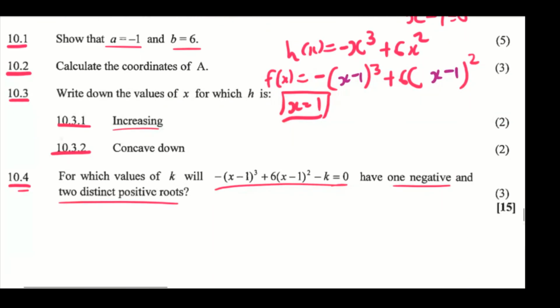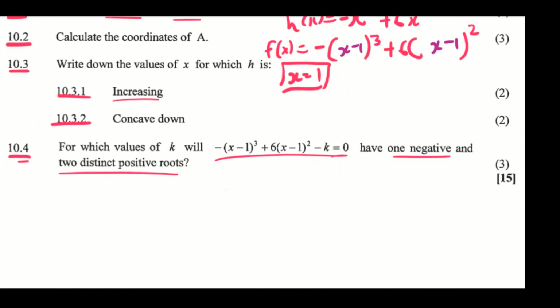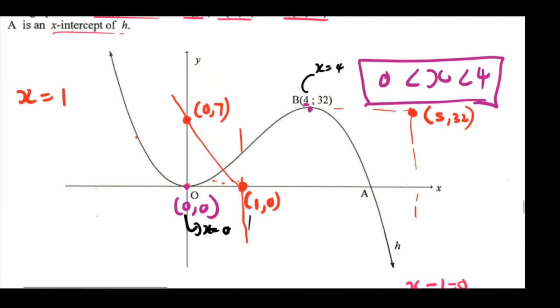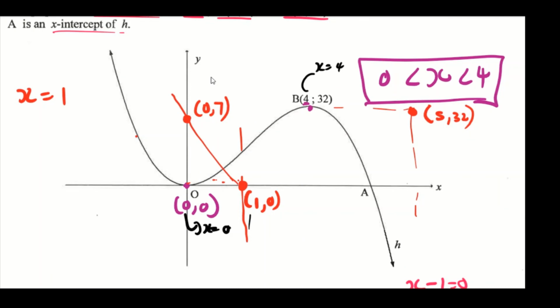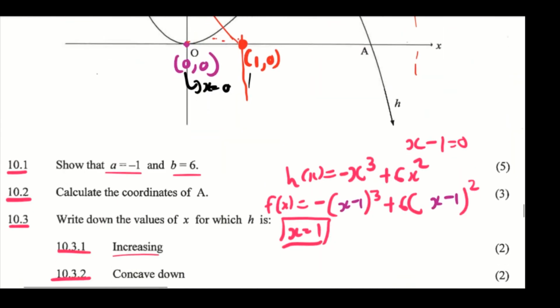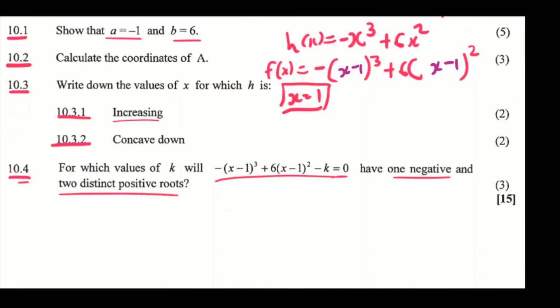So for us to be able to identify the value of k, we should first look at where x is 0 or x has a specific value. So at the y-axis, which is the y-intercept, x is equal to 0, right?